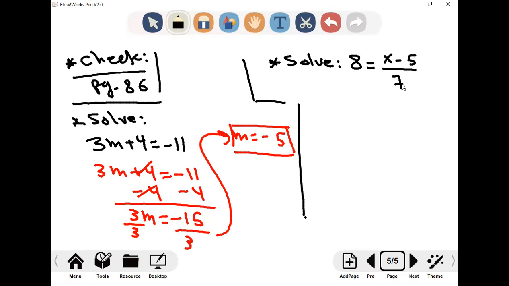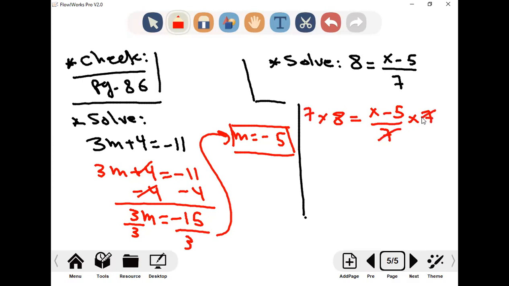Go to grade 6 and learn how to deal with integers. Now 8 equals (x minus 5) over 7, right? What do you want? Cross product or multiply with 7? Yeah, multiply with 7. Multiply both sides by 7.